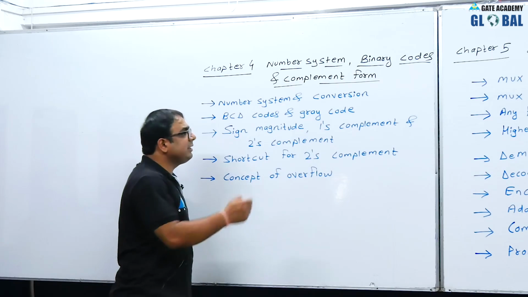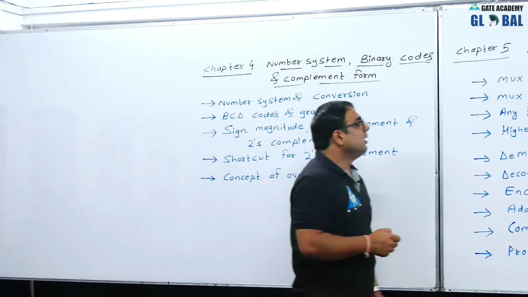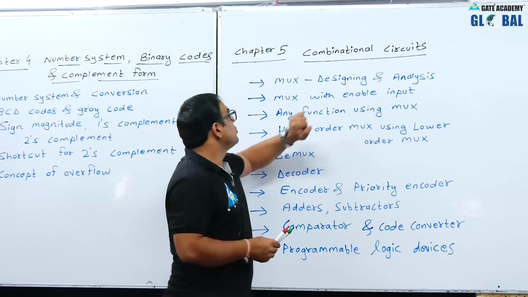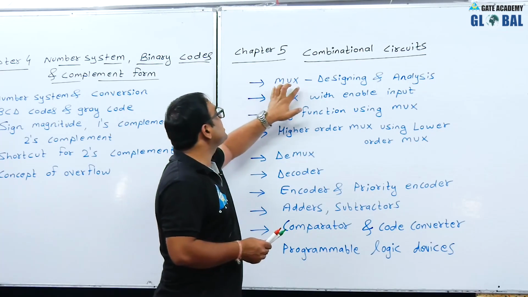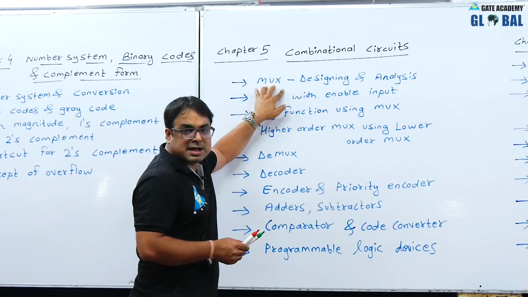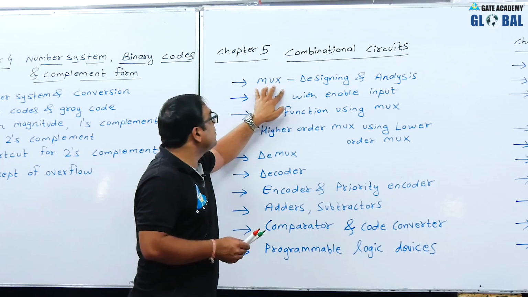After this unit, next we will be starting with combinational circuits. In combinational circuits, we will be starting with the most important combinational circuit with respect to GATE exam, which is multiplexer.